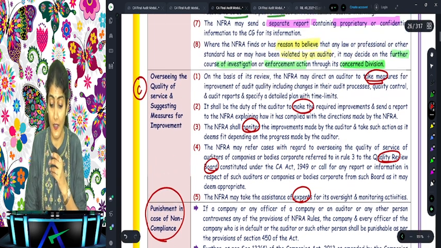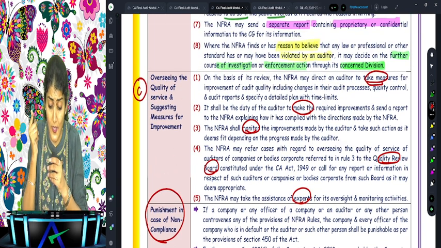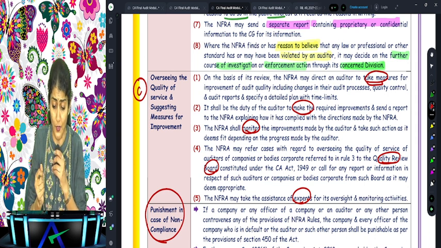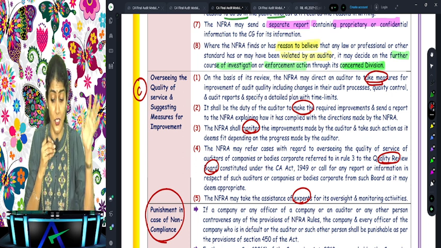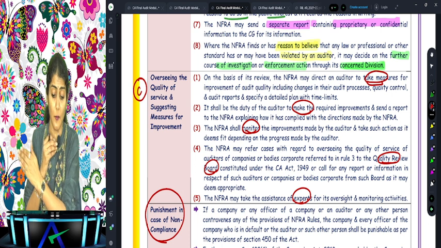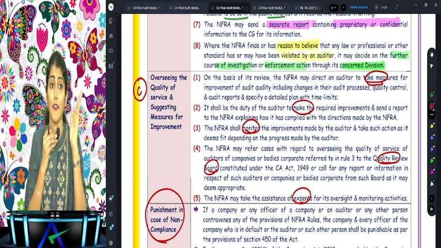So they can tell the auditor, okay, please improve. Take measures for improvement of audit quality, including changes in their audit process, quality control, and audit report, and specify a detailed plan with time limits. Then it shall be the duty of the auditor to make the required improvements and send a report to NFRA explaining how it has complied with the directions made by the NFRA.